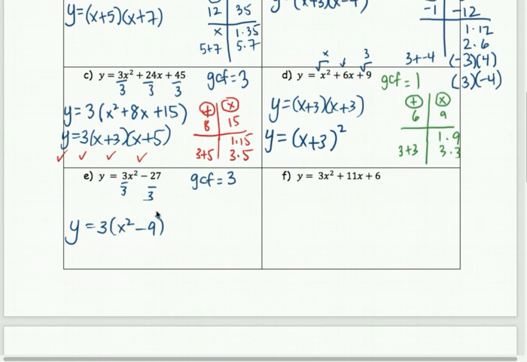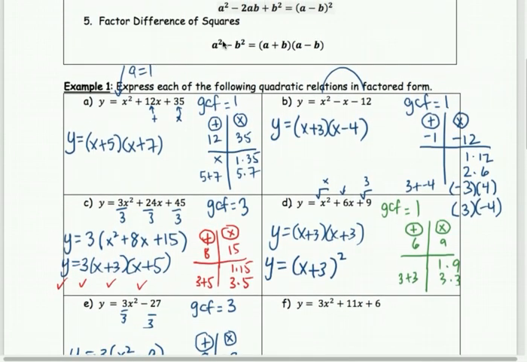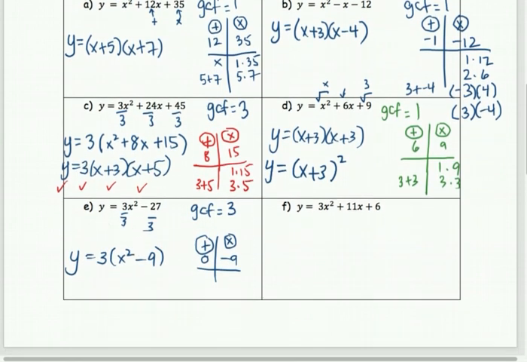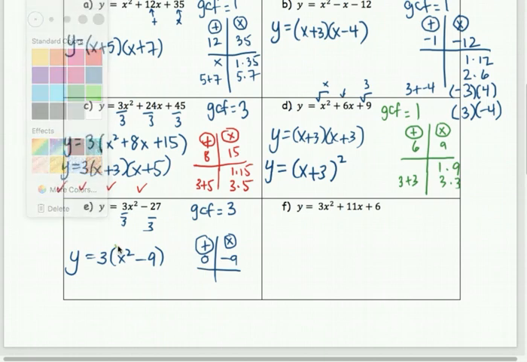Again, always check to see if you can factor in here. Some of you might go, oh, the middle one's missing, so I know I have to add to 0, and then multiply to 9, or negative 9. Or some of you maybe would have remembered the difference of squares method. If you square root this one and that one, they're both perfect squares, and it has to be a difference in the middle.